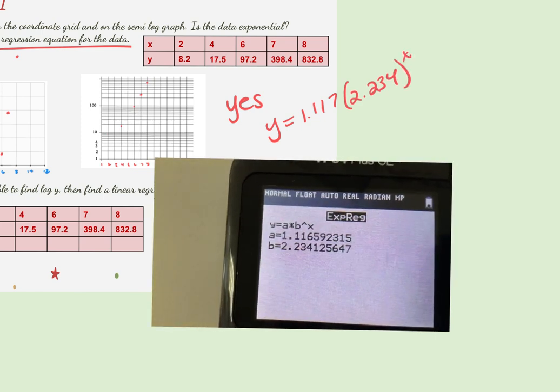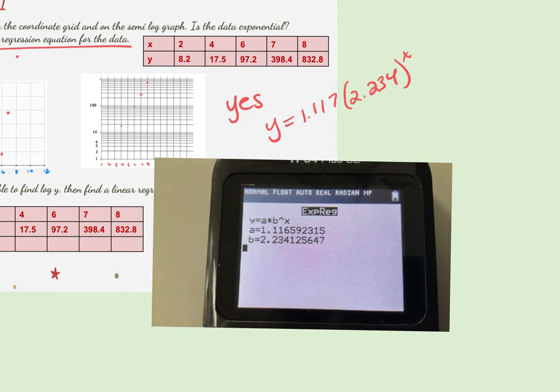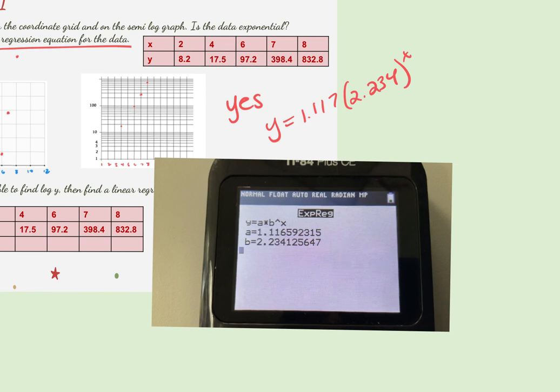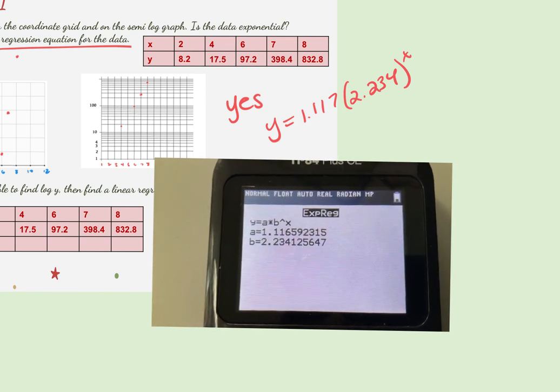All right, so I got my regression 1.1165, so 1.117 times 2.234 to the x. Good so far?